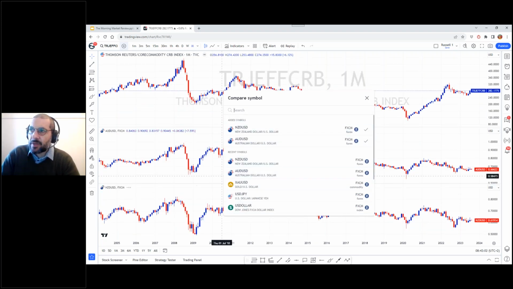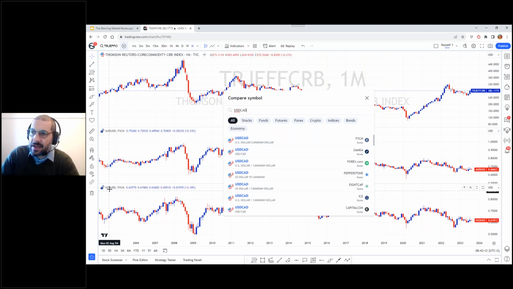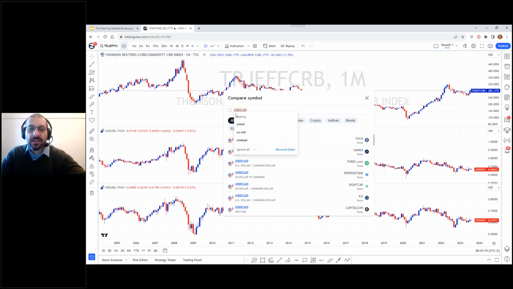Just for the loonie, what we're going to do, because the loonie puts the US dollar as the base, whereas the previous two, the New Zealand and the Aussie, are the base currencies, we just want to invert this one, so we're just going to go 1 divided by. Okay, and put that on a new pane.